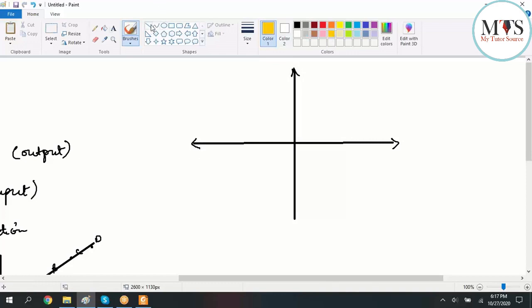So let's say I draw this straight line, placed at 4. So this is y equals 4. Is this a function? Yes, because it doesn't cross the line more than one time.